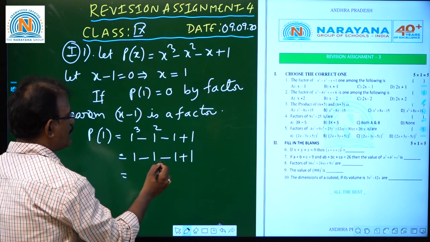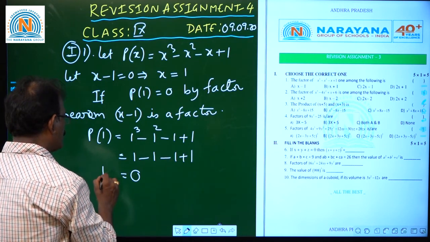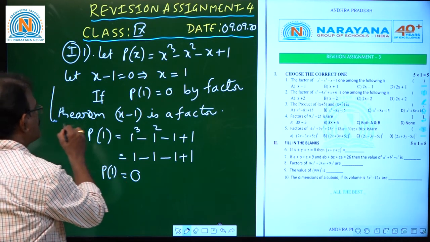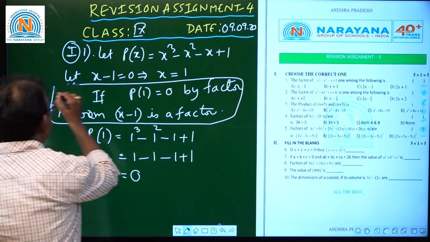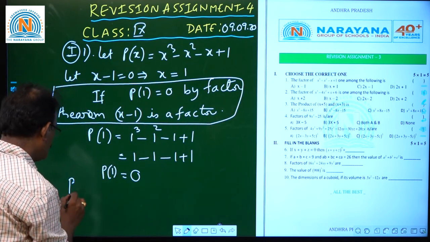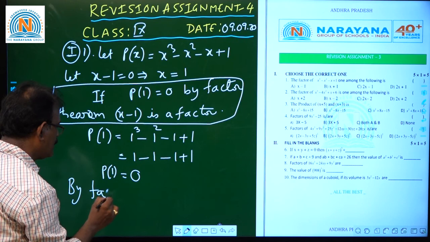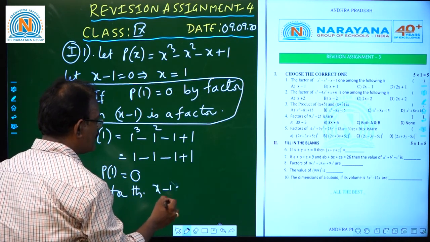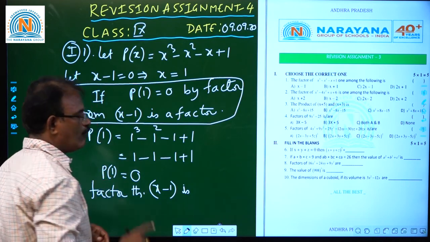Plus 1 minus 1 cancel, minus 1 plus 1 cancel. So p of 1 equals 0. According to this explanation, by the factor theorem, we can say x minus 1 is one of the factors.